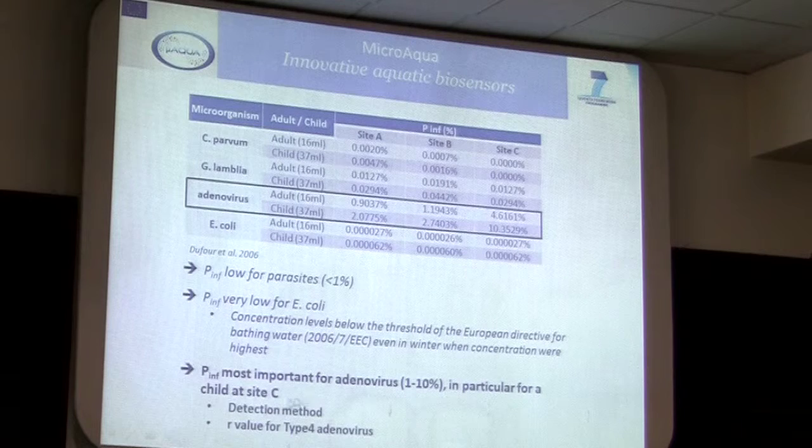And the R value, the infectivity parameter for the exponential calculation, is calculated for type 4 adenovirus and is not representative of all the species of adenovirus. So we probably overestimate too the concentration and the probability of becoming infected for adenovirus.